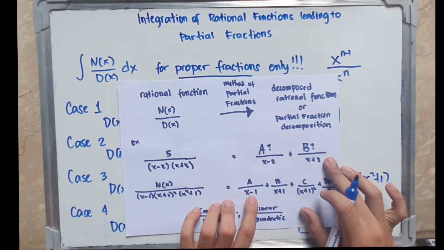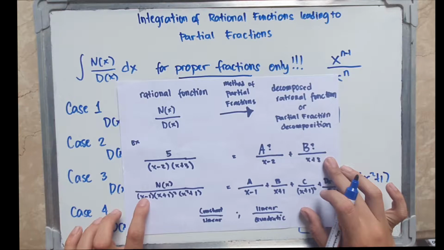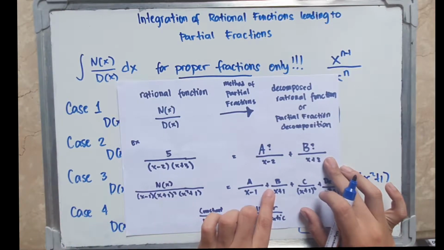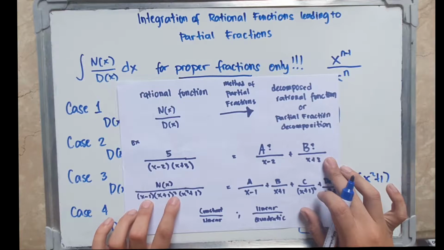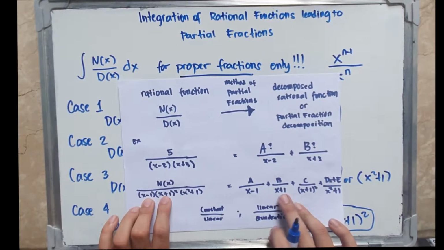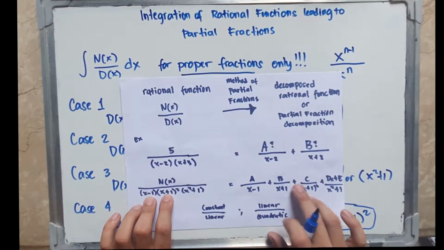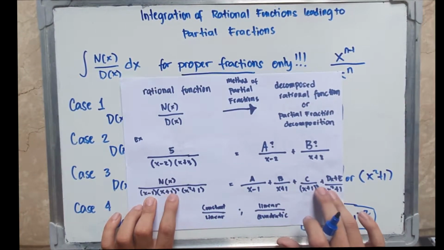A over x minus 1 for this factor. We have B over x plus 1 for this repeated factor. So this repeated factor, since it is squared, has two values. So we have B over x plus 1 plus C over (x plus 1) squared.